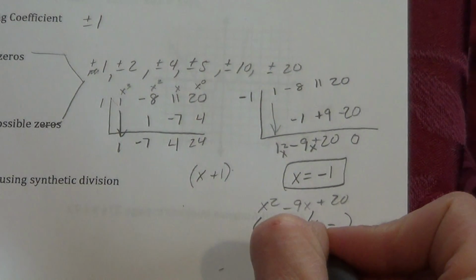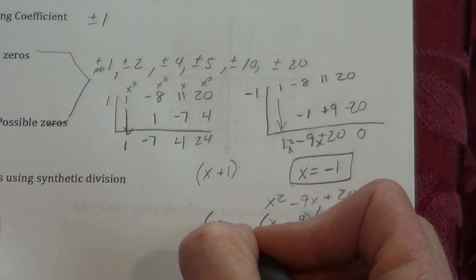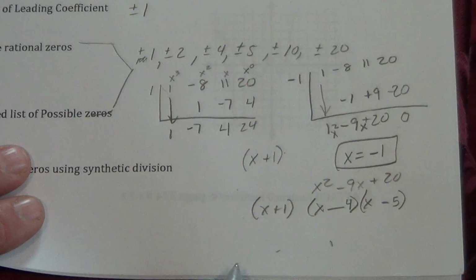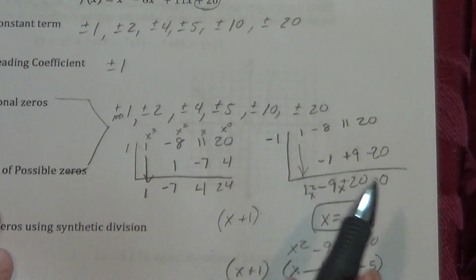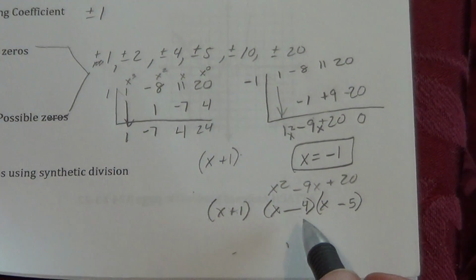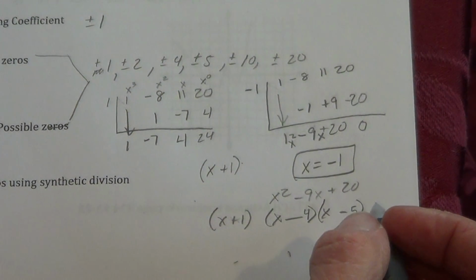That would be 4 and 5. So my three factors are x plus 1, from the work in here, then x minus 4 and x minus 5. Those are my factors.